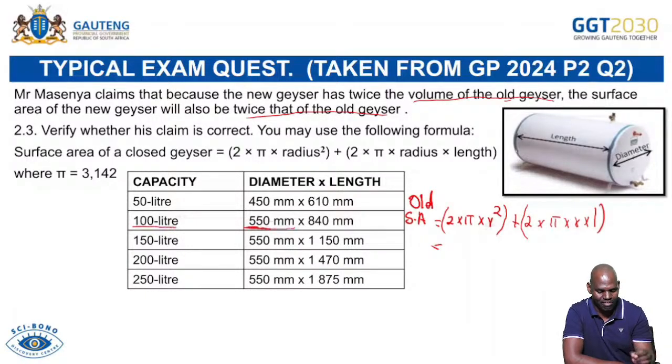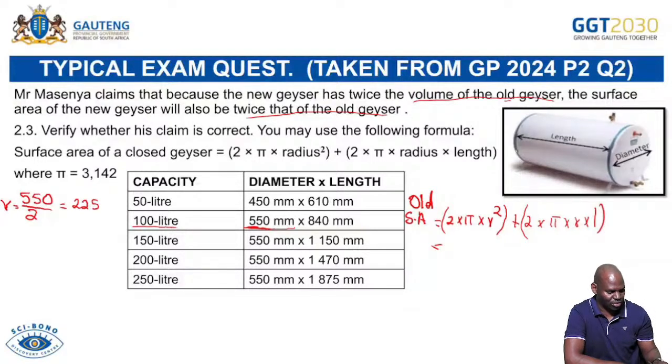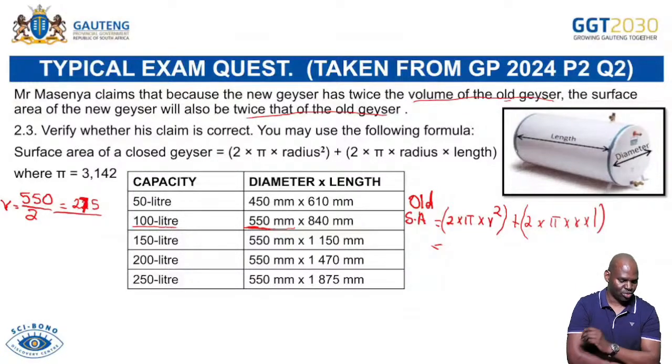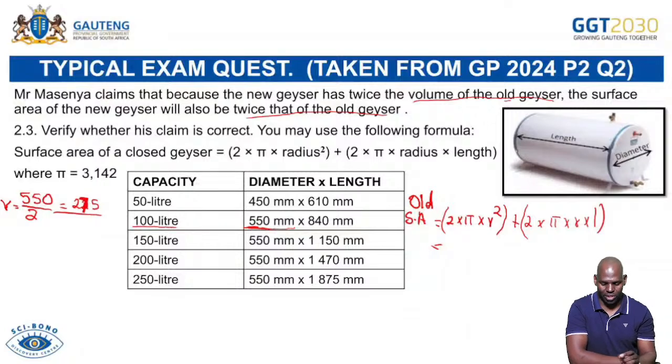We take the diameter, we divide it by 2. 550 divided by 2, you can check with your calculator, we get 275. You see it's very important to check.